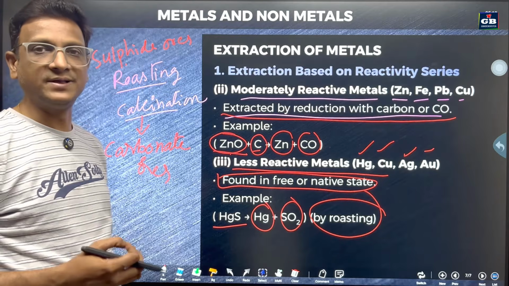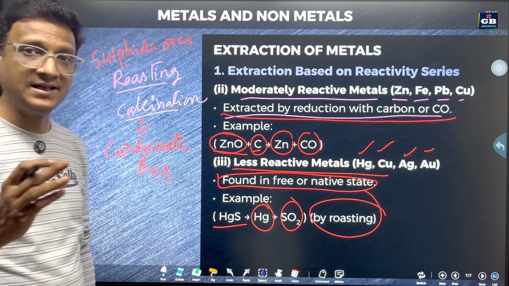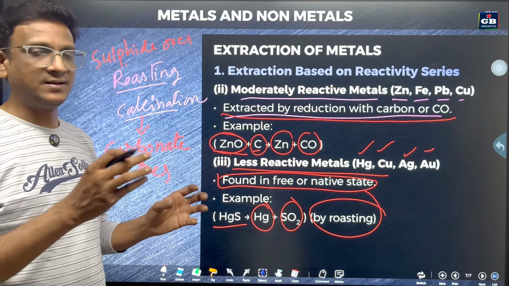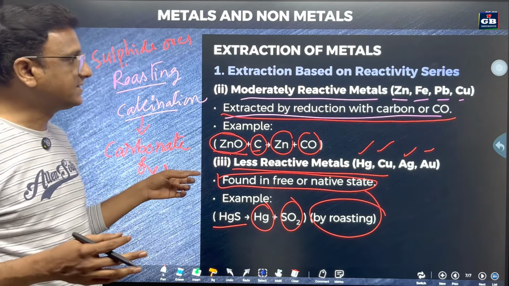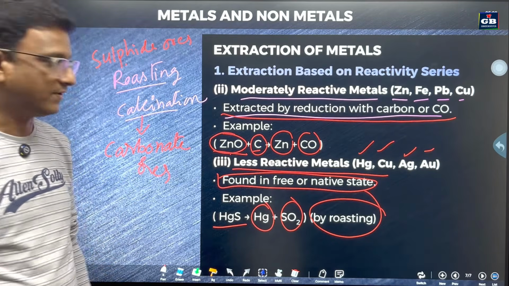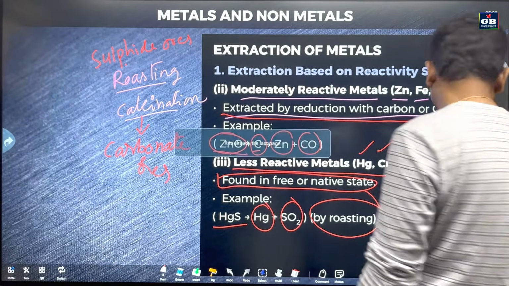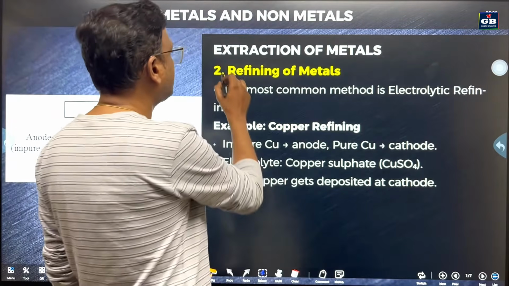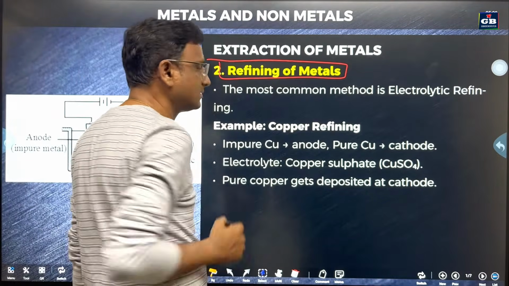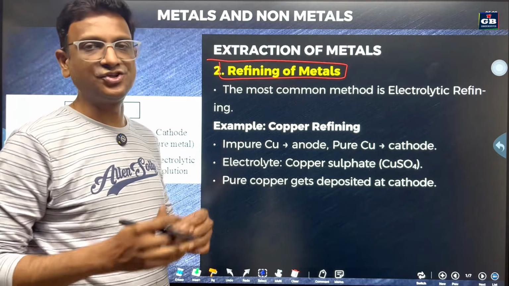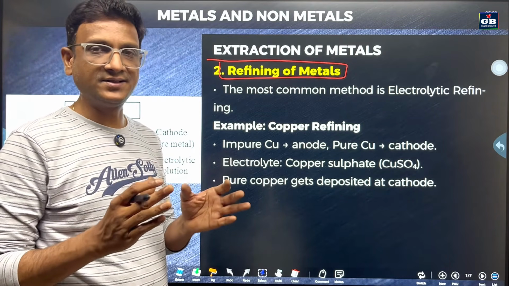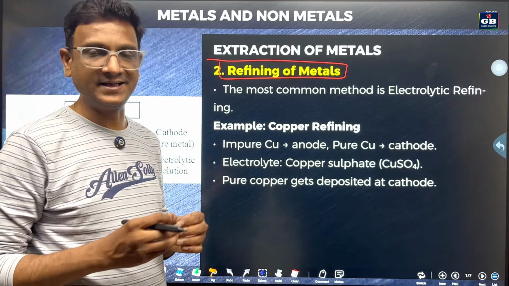So these metals are to be refined, whereas the highly reactive metals are extracted directly by electrolysis, so they don't need refinement. But the least reactive and medium reactive metals can be refined further to get the pure metal. Next, refining of metals. We have seen the extraction of metals. Metals are extracted in three different ways depending upon their reactivity.